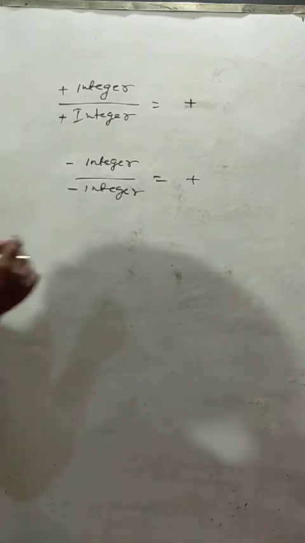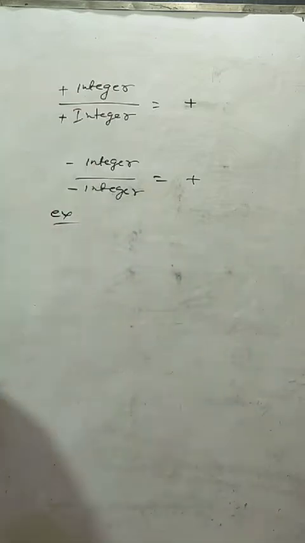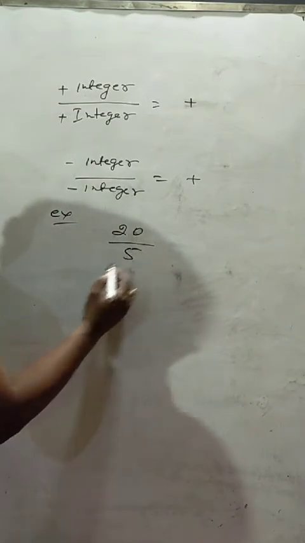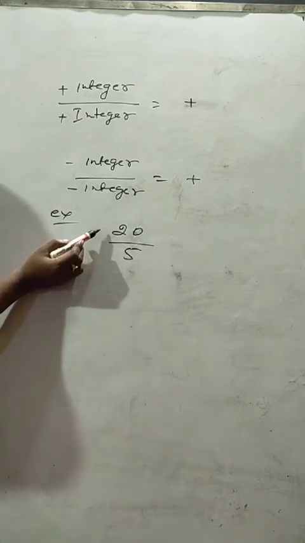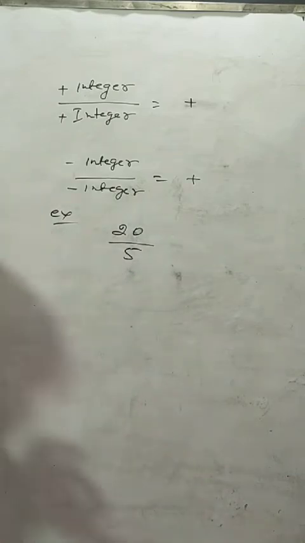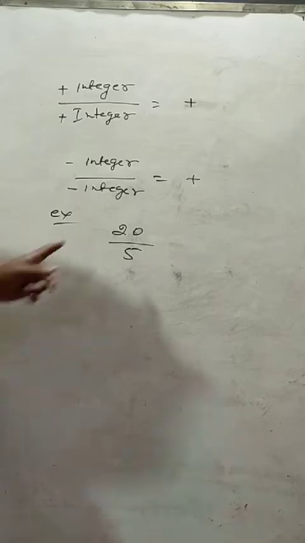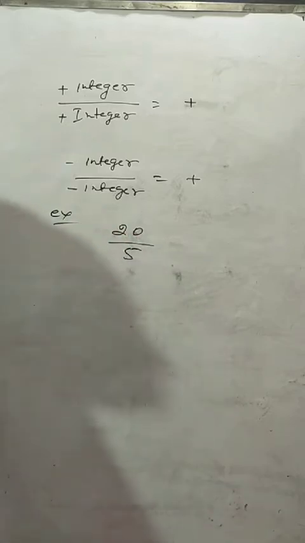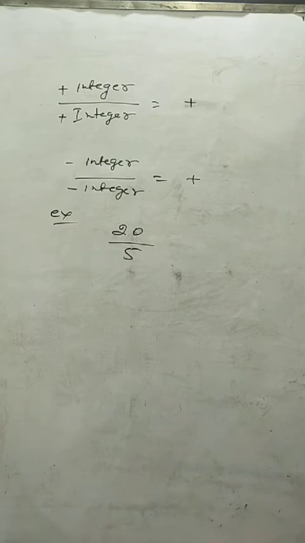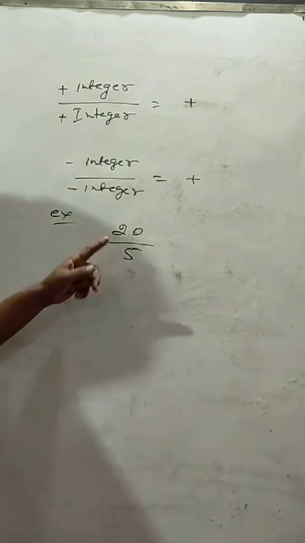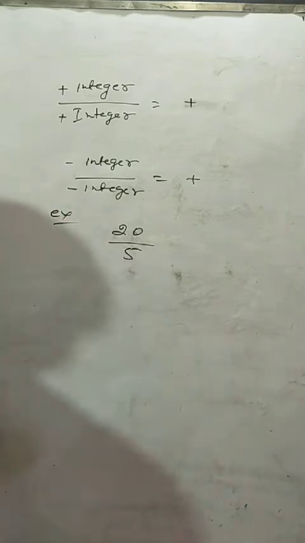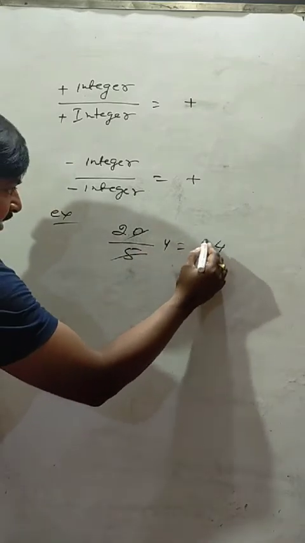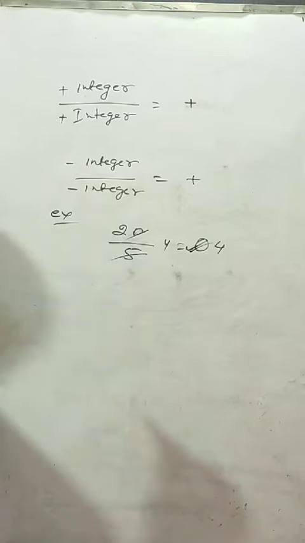Okay. Suppose example, 20 by 5. See, there is no sign. If a number is present without sign, that number is considered a positive number. Therefore 20 is positive, 5 is positive. We will divide it, 5 times 4 is 20, the result will be 4, that is also a positive number.